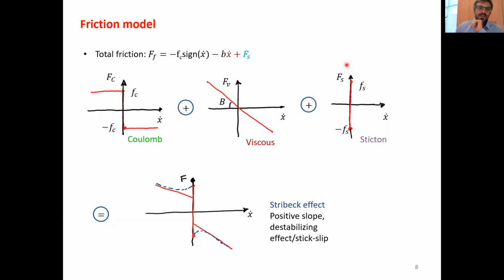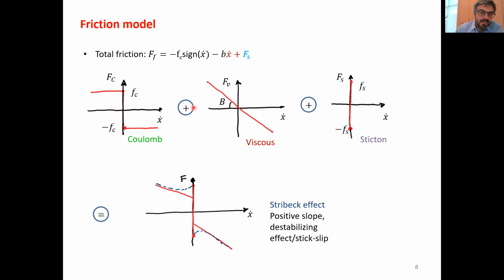After that, since there is no velocity, the viscous friction is 0, and the required force to move the load is no longer 12, but 10. This is according to the Coulomb model. But in reality, nothing is abrupt, it's not dropping from 12 to 10, but is continuously reducing in essence at the beginning. Then whenever the speed increases, because viscous friction increases with speed, the friction force starts to increase.